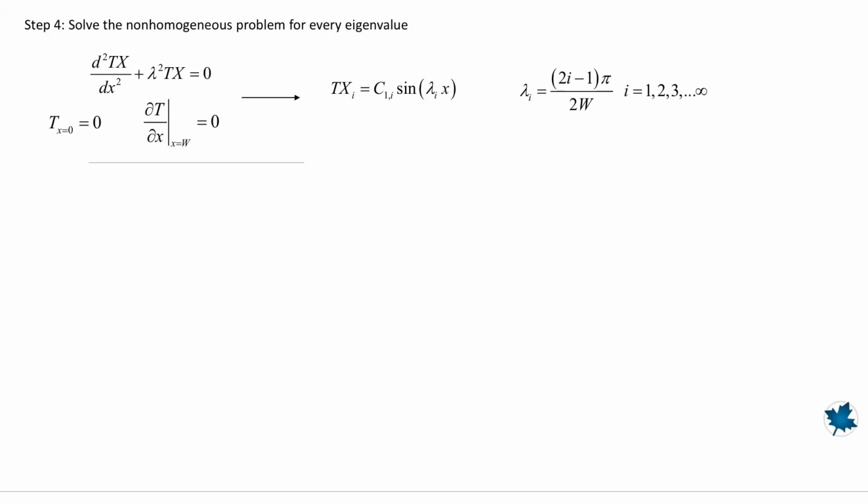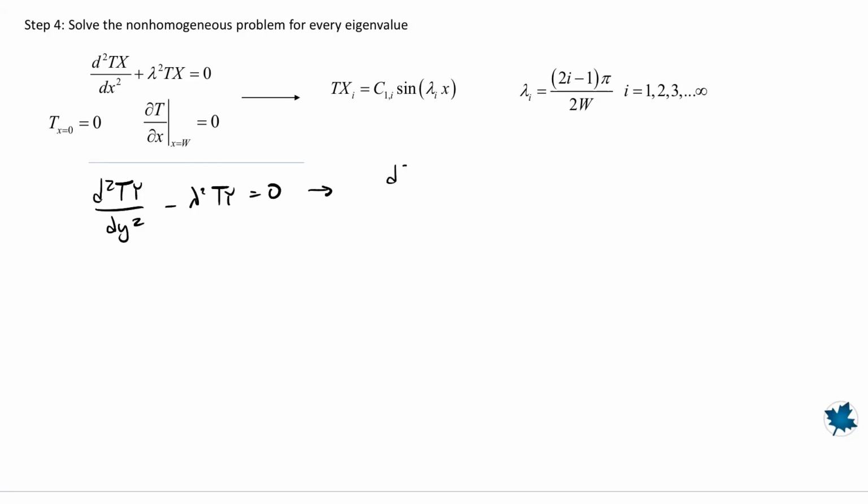Okay, so let's do that. Let's write out our Y condition. It was d squared Ty over dy squared minus lambda squared Ty is equal to 0. That's our Y ODE. Now we have to write this in terms of the lambdas that we've identified before. We now don't have just one lambda, we've got a bunch of lambdas.